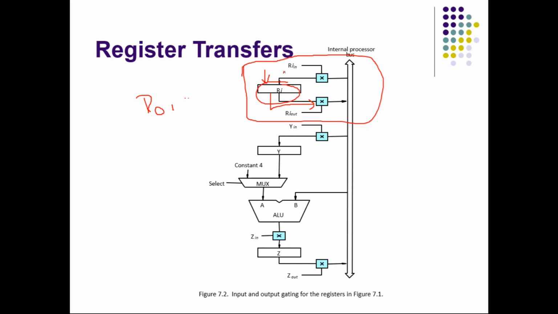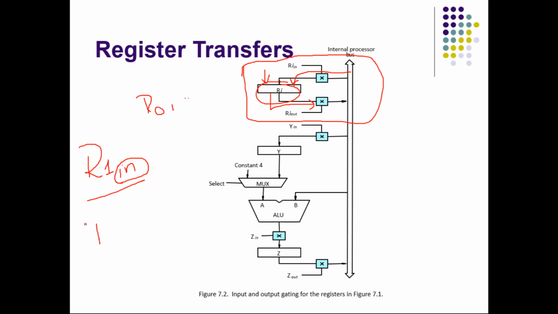What does it mean? Let us take a typical example. If it is R1 in, it means that whatever is available in the internal bus will be moved to R1. It means input something to R1. What is to be inputted? Whatever data is available in the internal bus will be stored in R1. That is what R1 in means.